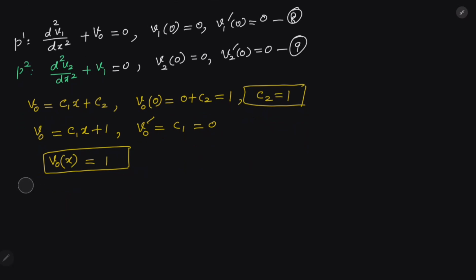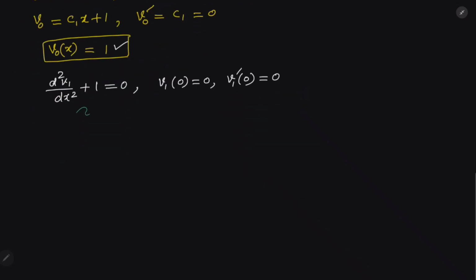Okay. Now I solve equation number 8. From equation 8, we have d square v1 by dx square, and v naught, we use this v naught plus 1 is equal to 0, and we have v1 0 is equal to 0, and v1 dash 0 is equal to 0.